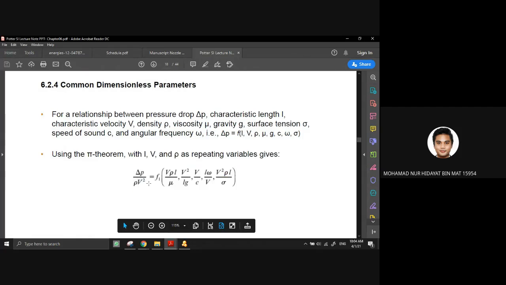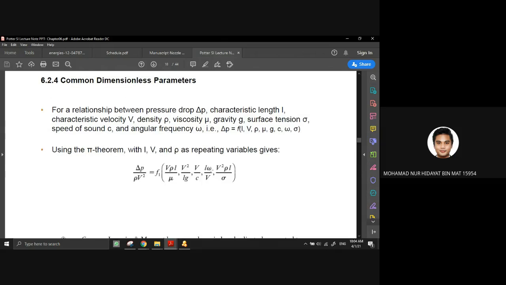Remember that this first is pi term number 1 as a function of pi terms number 2, 3, 4, 5, and 6. So pi term number 1 is the pressure drop, delta P over rho V squared, equal to this function. Okay.